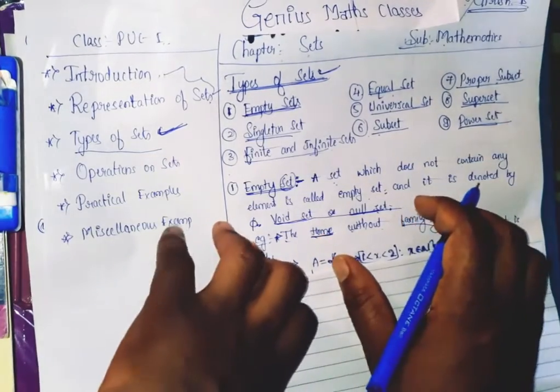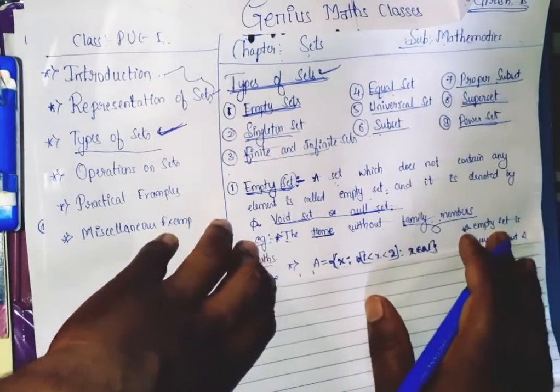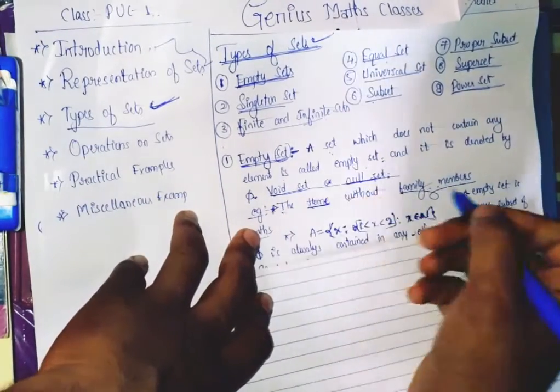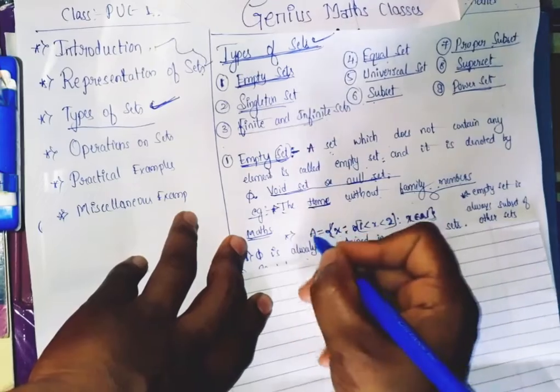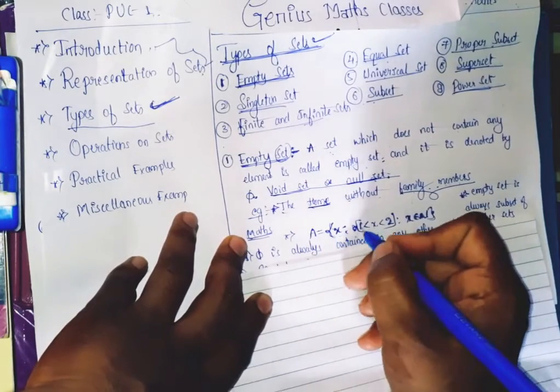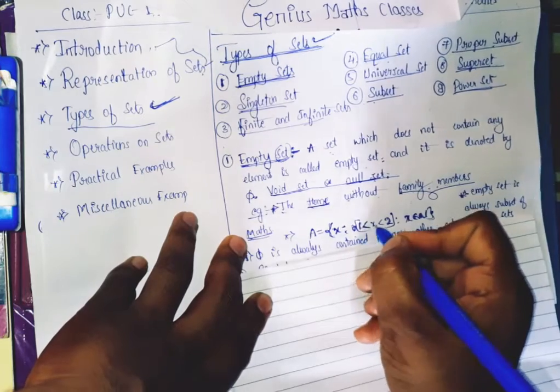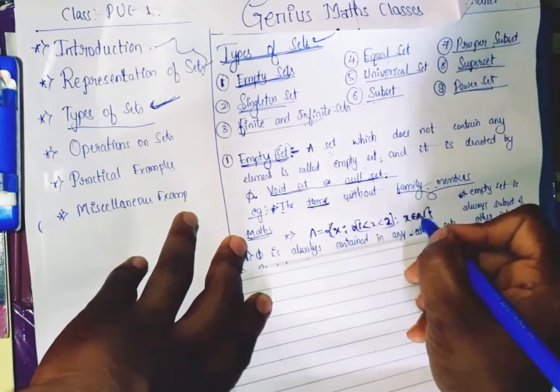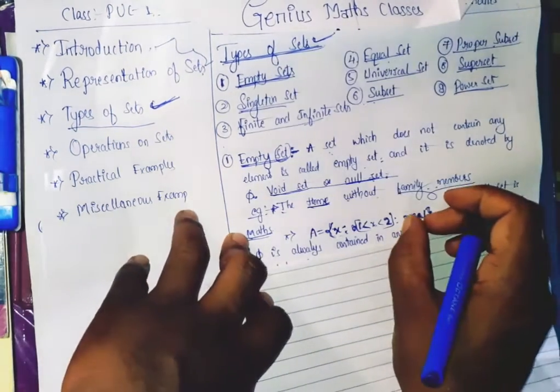So we can also give other examples. And now in mathematics I can give an example. That is the set A, where we are considering x such that x is greater than 1 but less than 2, and x belongs to natural numbers.